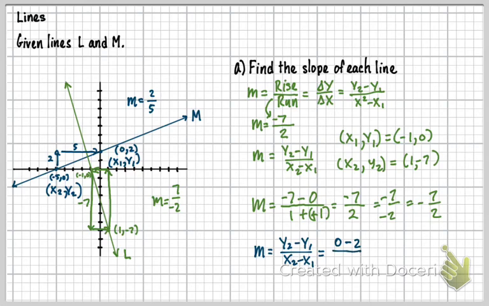And that's all over my x2 is negative 5 minus my x1, which is 0. So I get negative 2 over negative 5, which equals positive 2/5. Okay, so that's my slope for that one. Is that the same thing I got for the other? Yes, it is. So there we go. We see that they're the same, and a negative over a negative is positive.